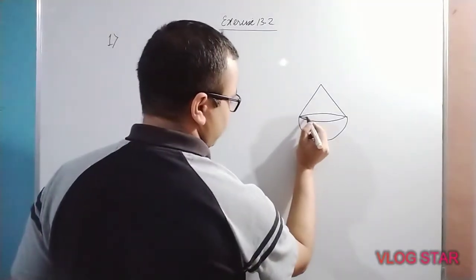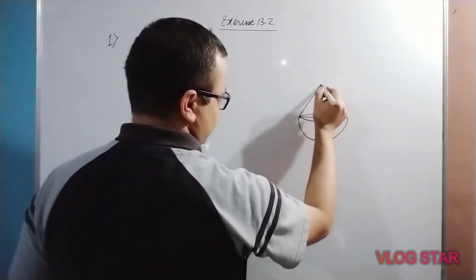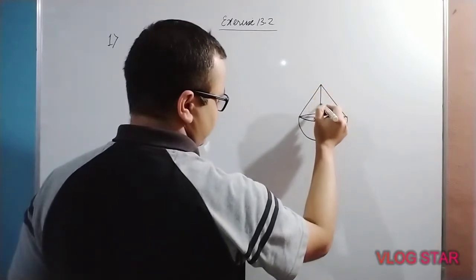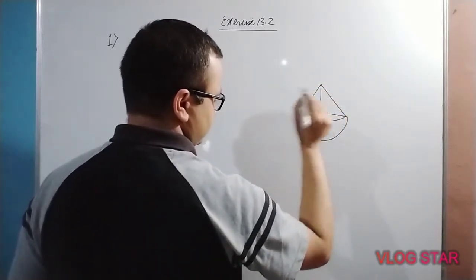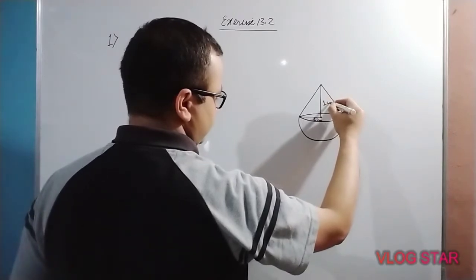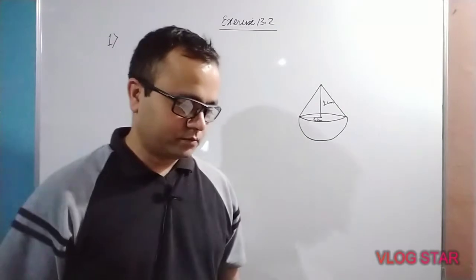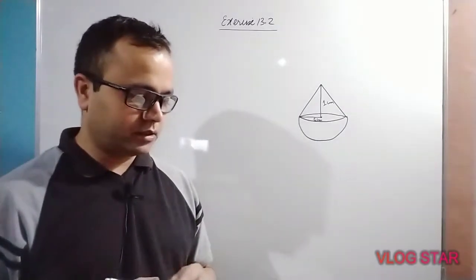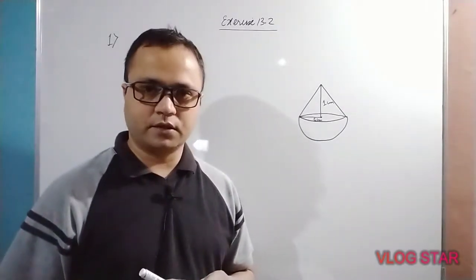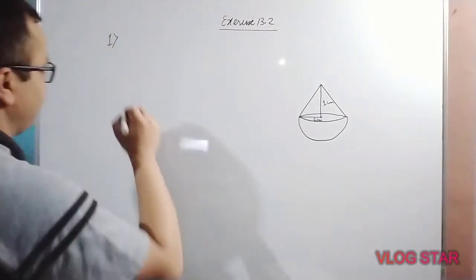So the radius of the hemisphere and the radius of the cone are 1 centimeter. The height of the cone is equal to its radius, so the height is also 1 centimeter. Find the volume of the solid in terms of pi.